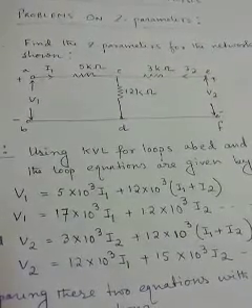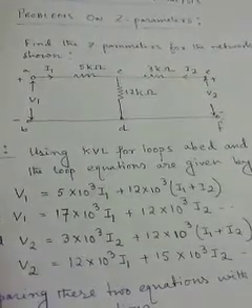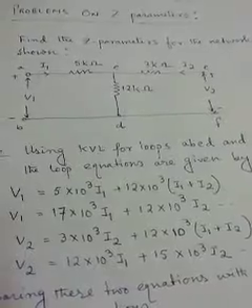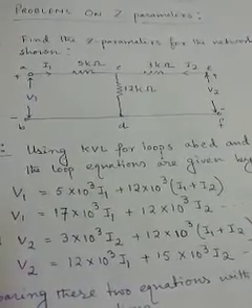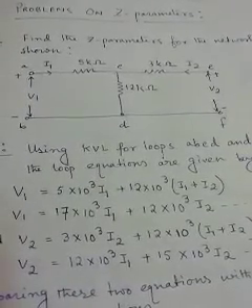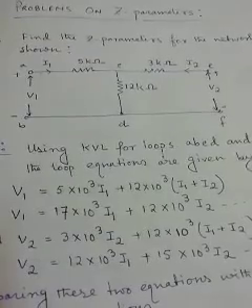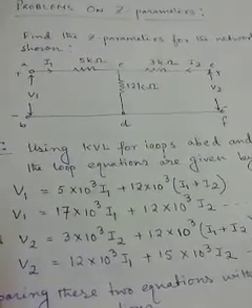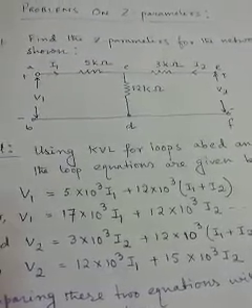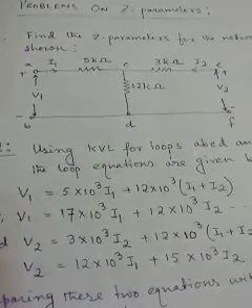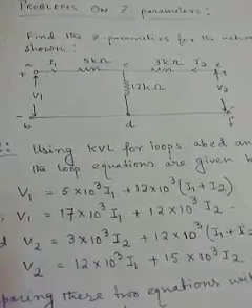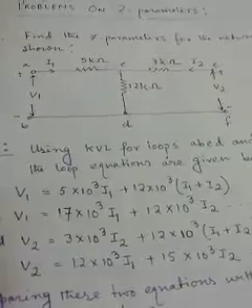For the time being, we will not discuss in detail the problems on H parameters and ABCD parameters. We will only show you some solved examples on Z parameters and Y parameters. For your reference, I can show you one or two examples on H parameters and ABCD parameters later.